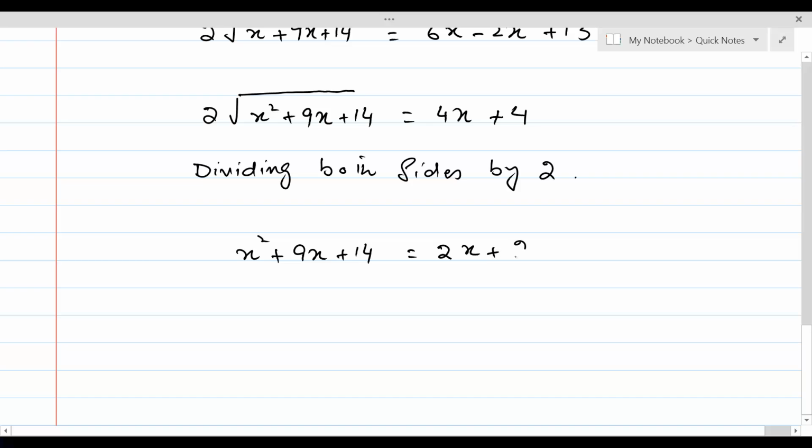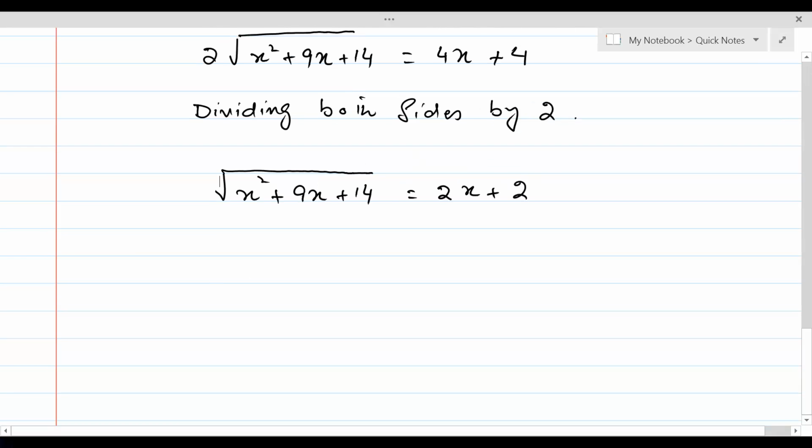We divided, but we haven't taken the square yet. Now we'll take the square.